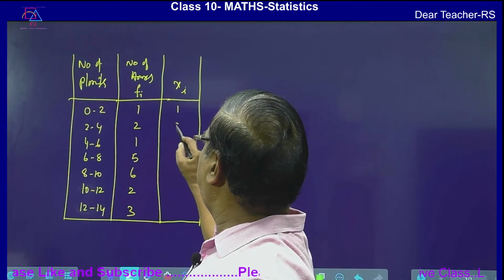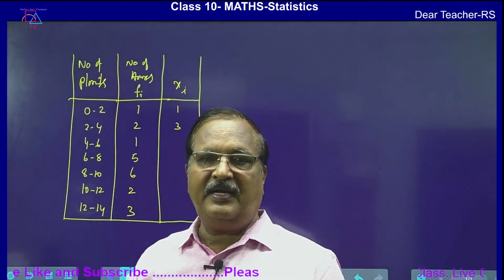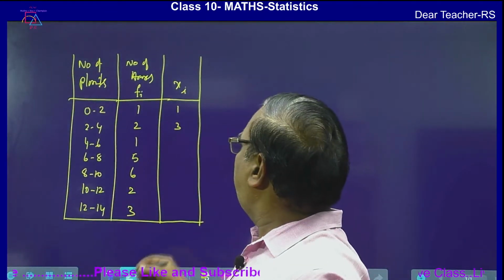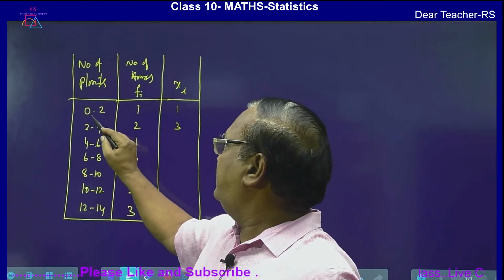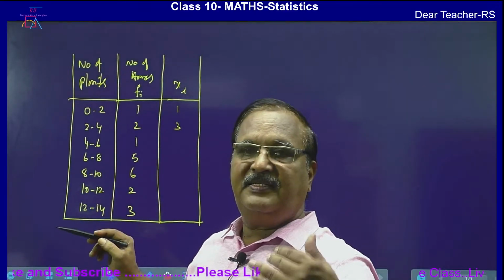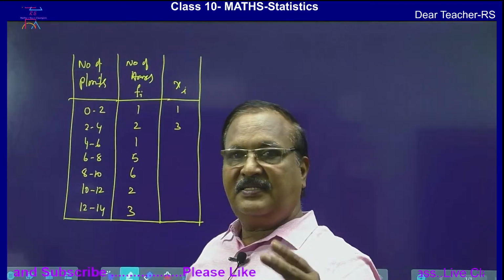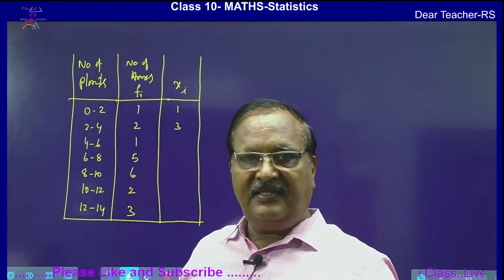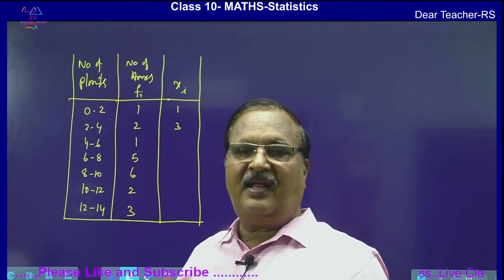So 3 is the class mark or mid value of this group. The difference 2 is the height of the class, 0 to 2, 2 to 4. All these classes have the height 2, which is also called the class interval, the size of the class.